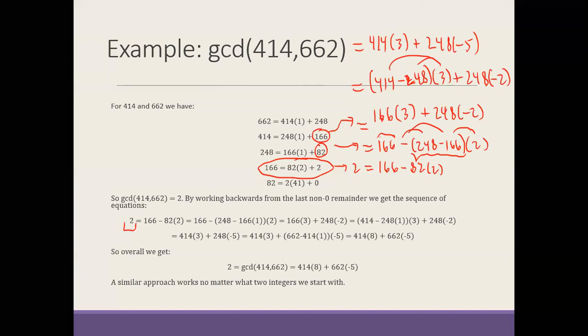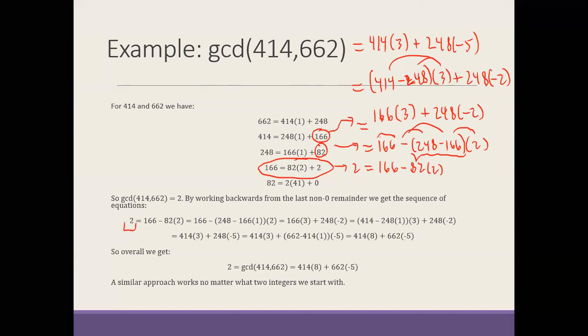You could sit here and think about that. 3 times 414, what is that? 1242. And what is 5 times 248? 1240. 1242 minus 1240 is 2, thankfully. But I don't want 414 and 248. I want 414 and 662.